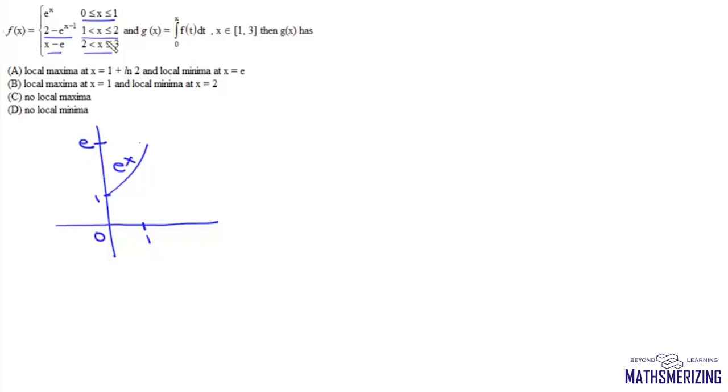Now between 1 and 2 it is a decreasing function. So at 1 this value is 2, and then at 2 this value is 2 minus e, which is a negative value.